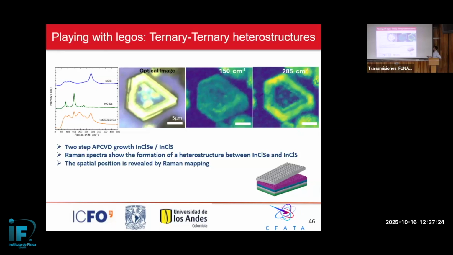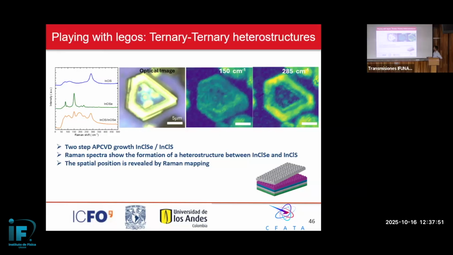As I mentioned, I love to play with Legos with my kids and by myself. We managed to stack these ternary materials on top of each other. The Raman signature gives you the proof of it, because this is the spectrum of indium chlorine sulfide, indium chlorine selenide, and this is the combination of both.